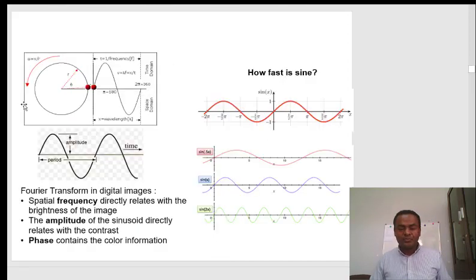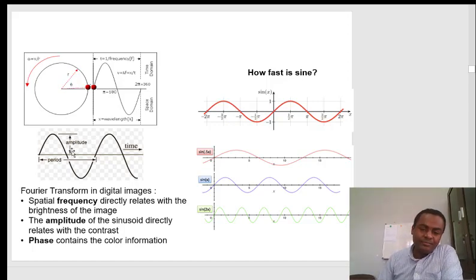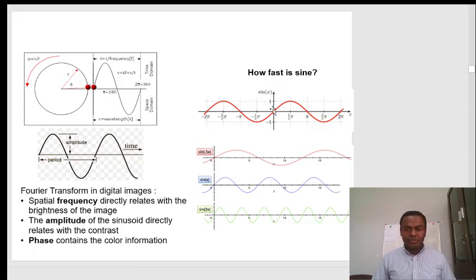And the second issue, now let's have a detailed explanation about wave. A wave has its own amplitude, its own time, its own period. The time required to complete one cycle is called the period.